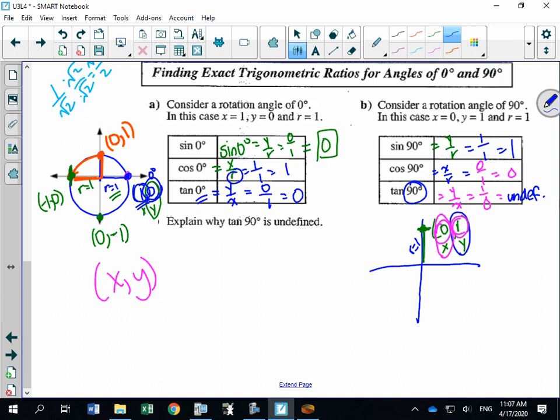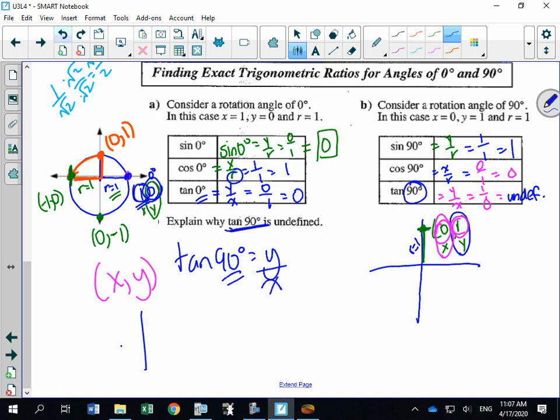So again, explain why tan of 90 is undefined. Here's how you would explain it. The tan of 90 degrees is equal to y over x.